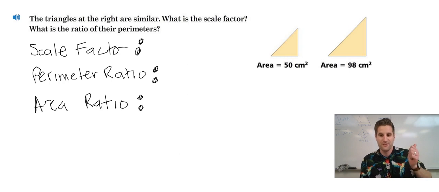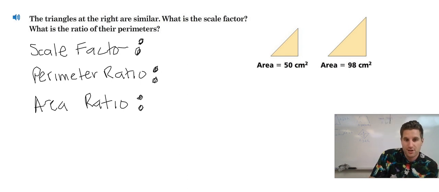Now scale factor, a to b. Ratio, a to b. Area, a squared to b squared. Two dimensions for area, one dimension for perimeter, one dimension for scale factor. So the first two are one dimension, the second one is two dimensions.